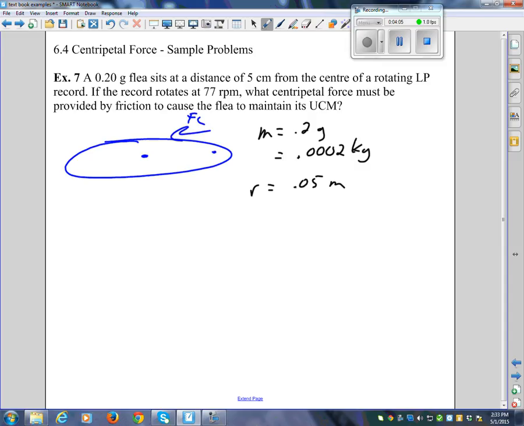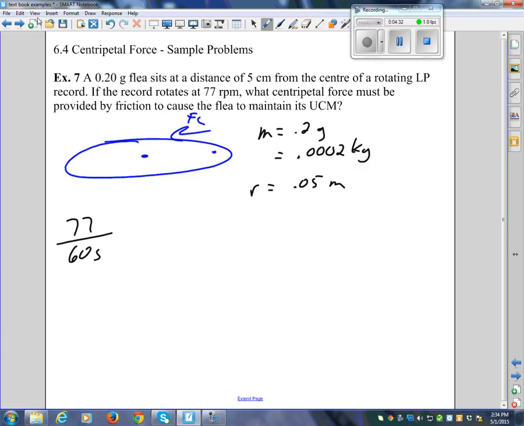77 RPM, is that the frequency or is that the period? It's a way of expressing the frequency, right? So it's 77 per minute, so 77 in 60 seconds, right? Do we want the period or do we want the frequency? Doesn't matter. We can convert, right?